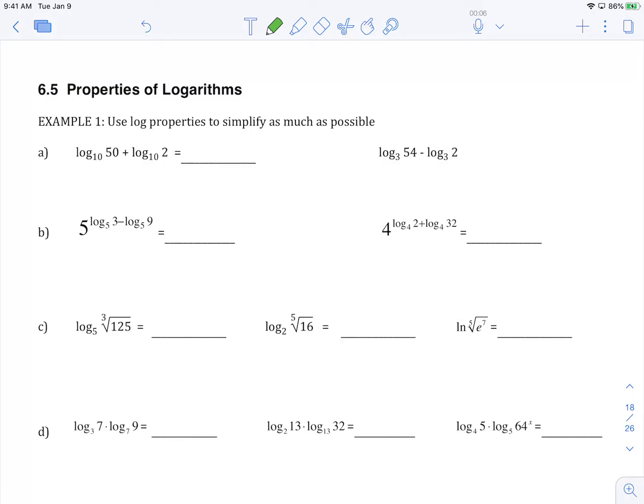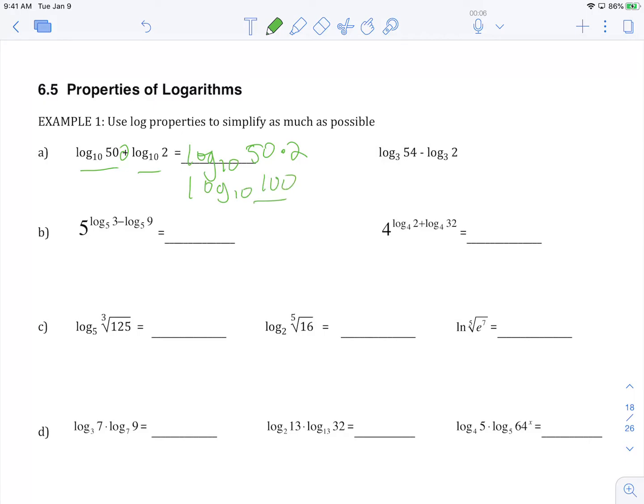So we know that if we're adding two logs with the same base, we can combine them with multiplication. So now we have log base 10 of 50 times 2, which is log base 10 of 100.